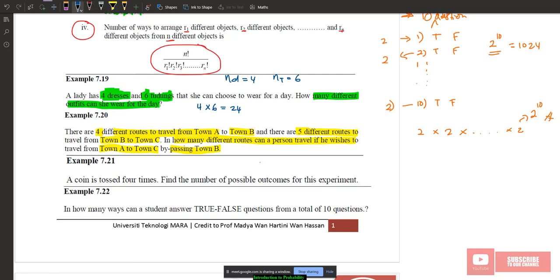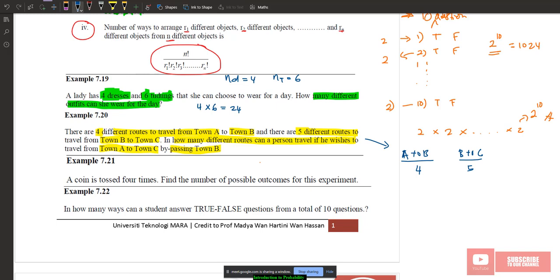For this example, from town A to B you have 4 different routes, and from town B to C you have 5 different routes.